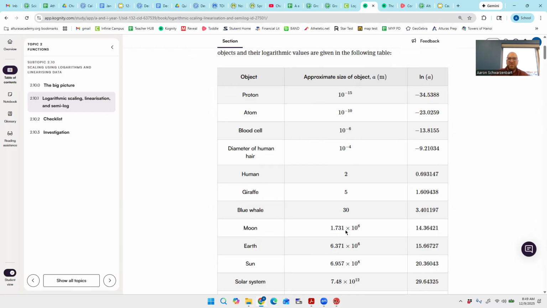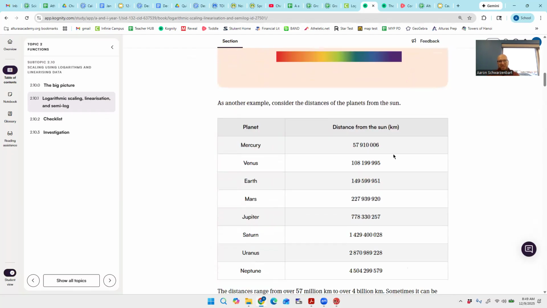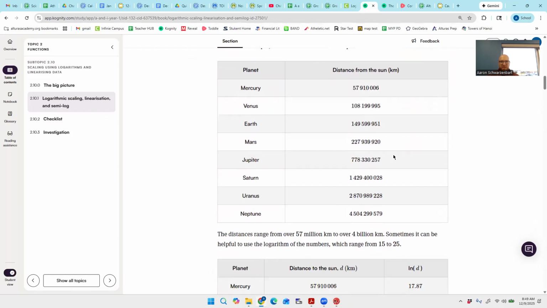If you look at this graph here, this is the planet's distance from their sun. Again, it starts to get real big real fast. In science, we graphed this out on a lawn, in the yard, and it was crazy. So we've got 57 million, 149 million, and then you get this huge jump to 778.